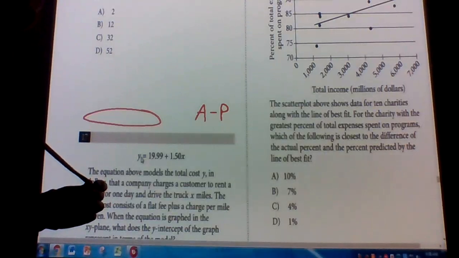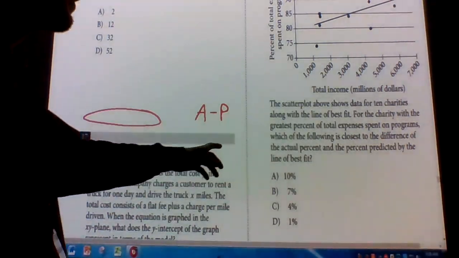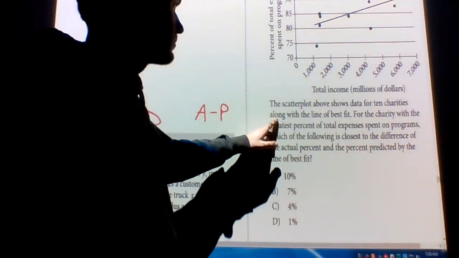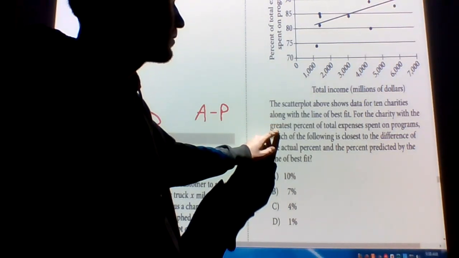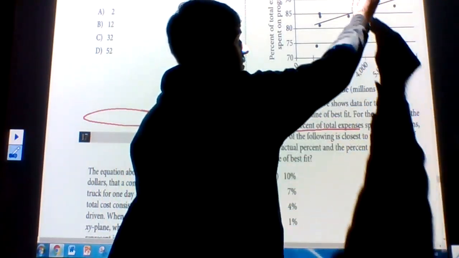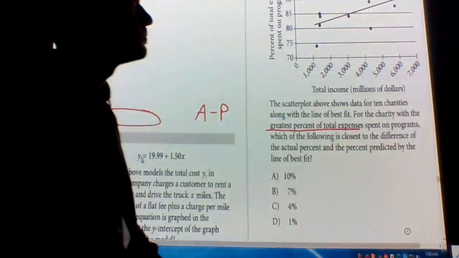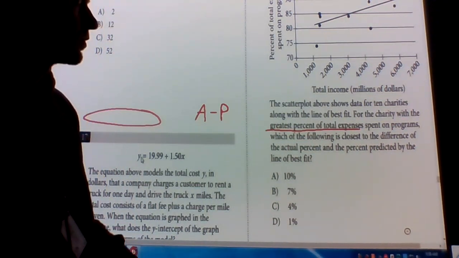The scatter plot above shows data for 10 charities. For the charity with the greatest percent of total expenses, that's going to be this one up here. Which of the following is the closest to the difference?